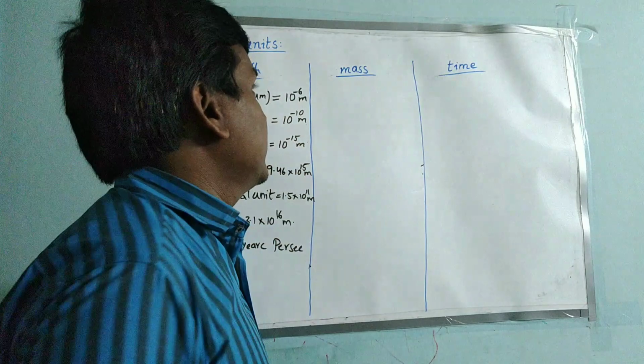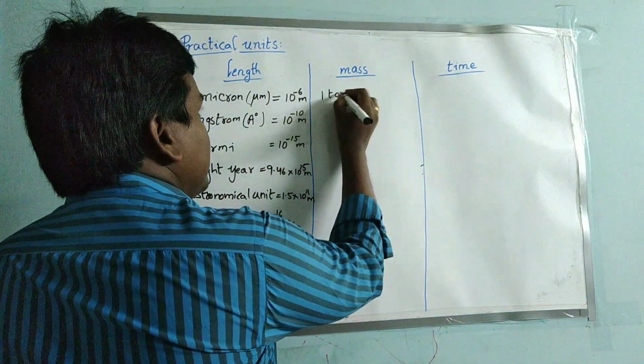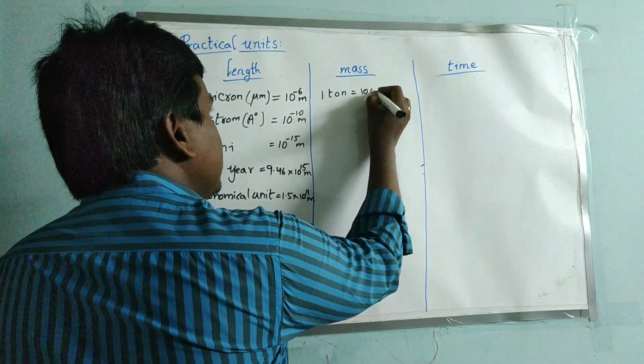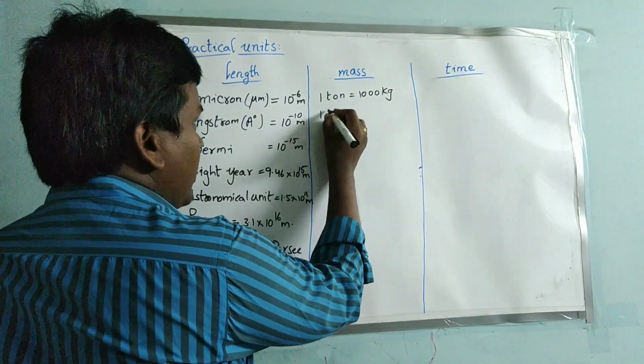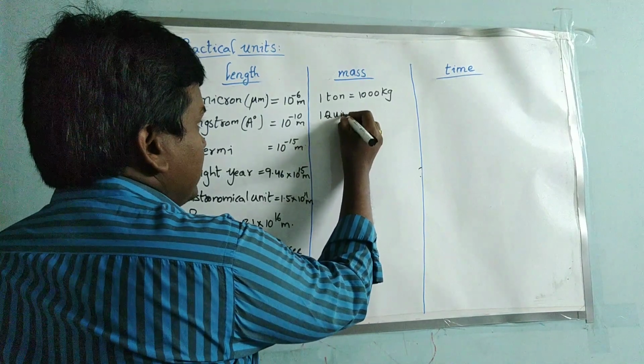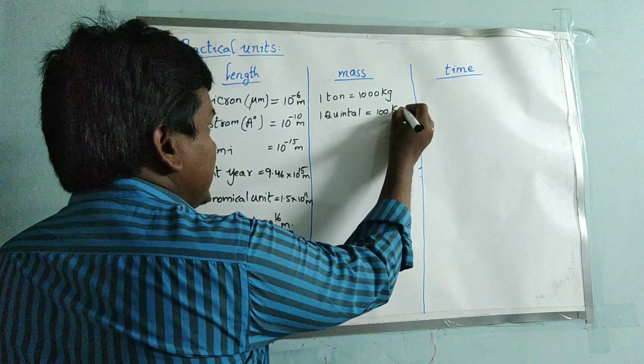And now if you consider mass, 1 ton is equal to 1000 kilograms, and 1 quintal is equal to 100 kg.